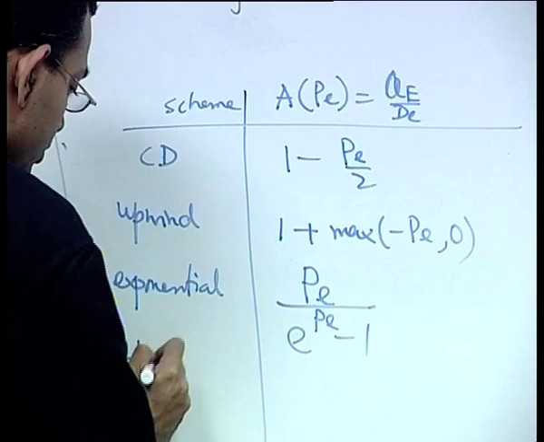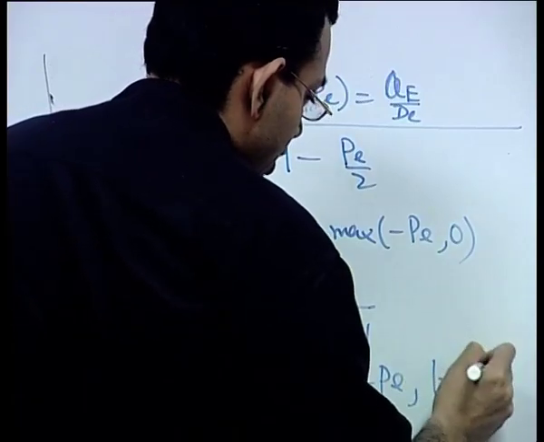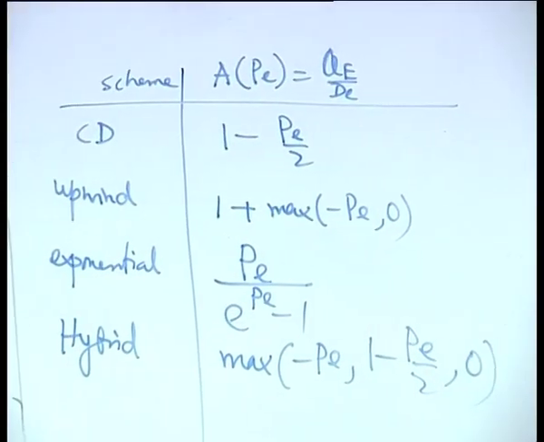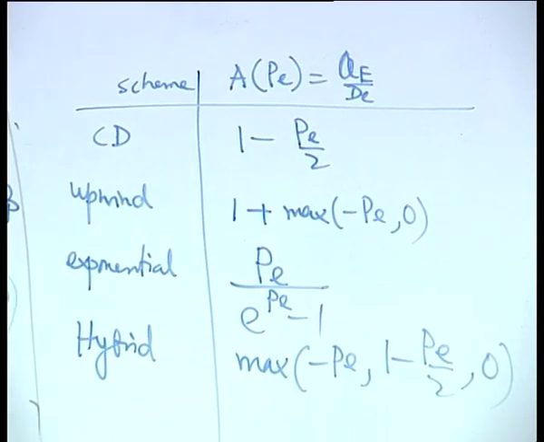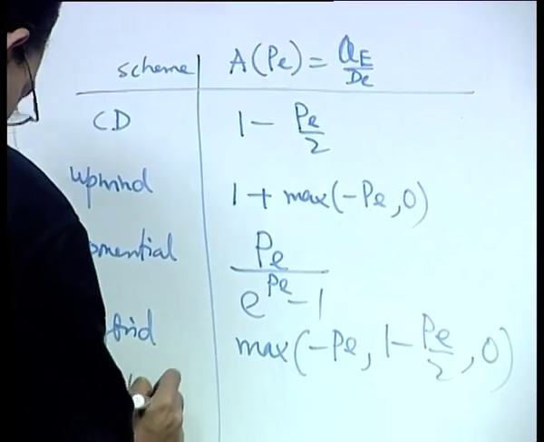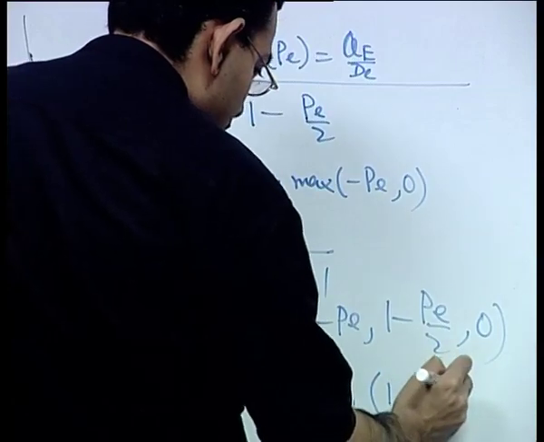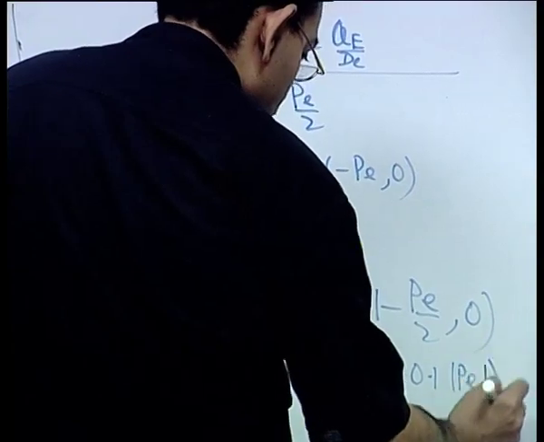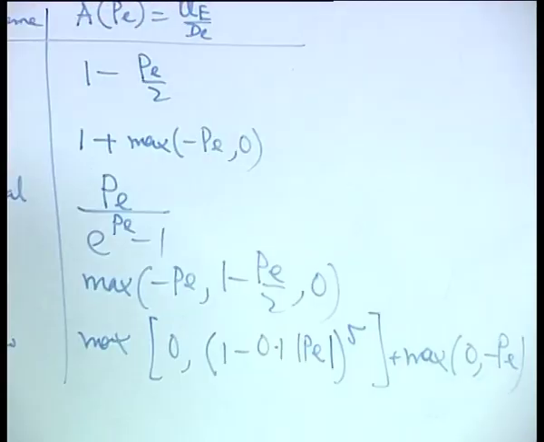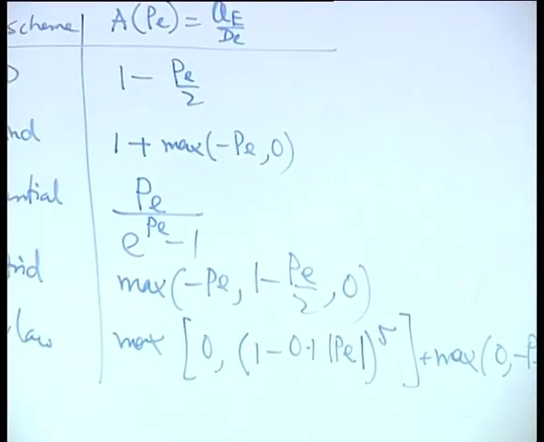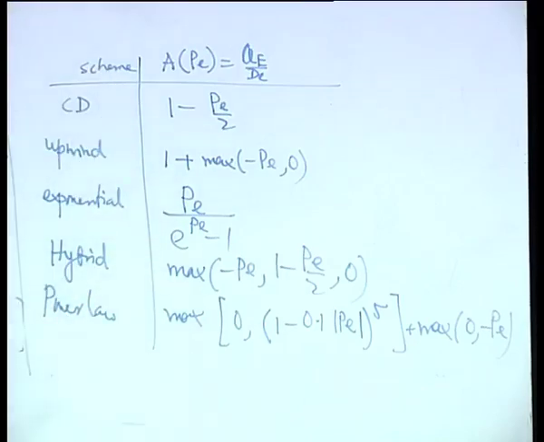Hybrid scheme, max of minus P, 1 minus P by 2, 0, and the power law scheme which we have dealt today, max of 0, 1 minus 0.1 mod P to the power 5 plus max of 0, minus P. Similarly, you can write expressions for capital B which we are not writing here, but it is possible to write in this way.